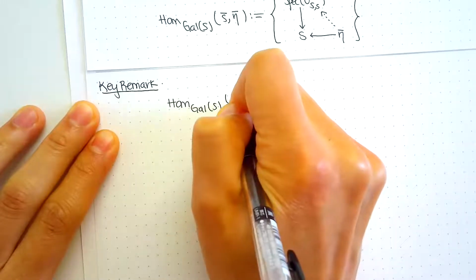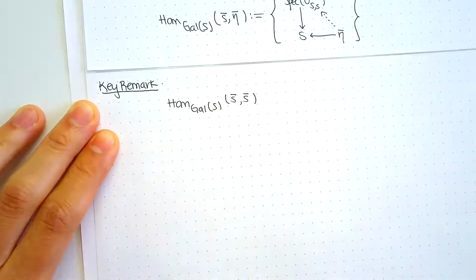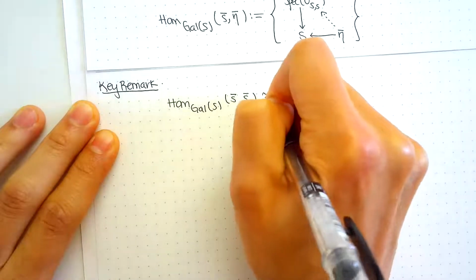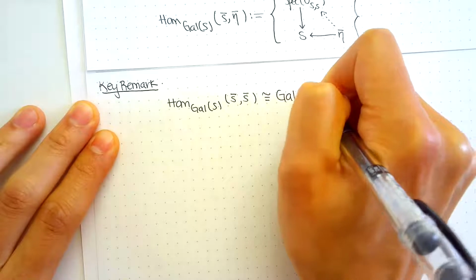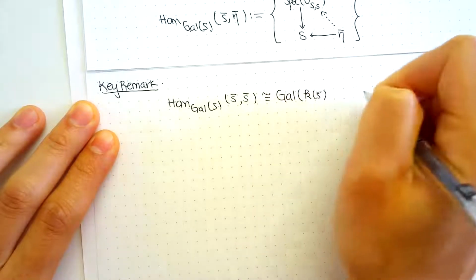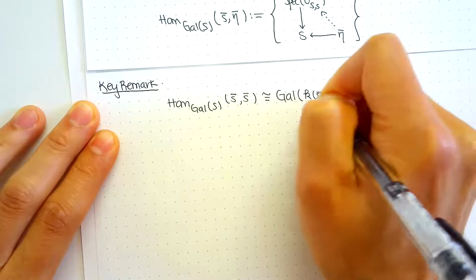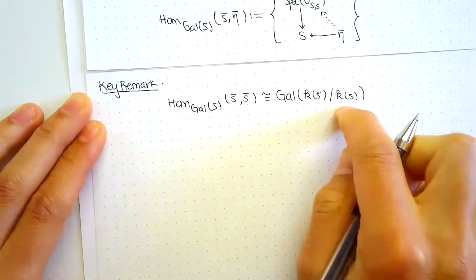So in this category of points from S bar to S bar, this is isomorphic to the Galois group of S bar over its image point. And so this was a separable closure of the image. So this is the absolute Galois group of the residue field.